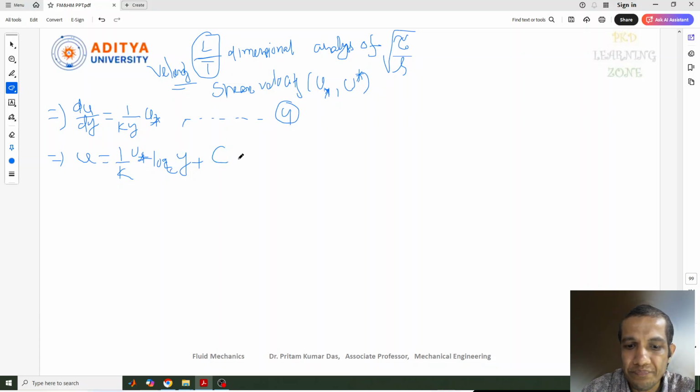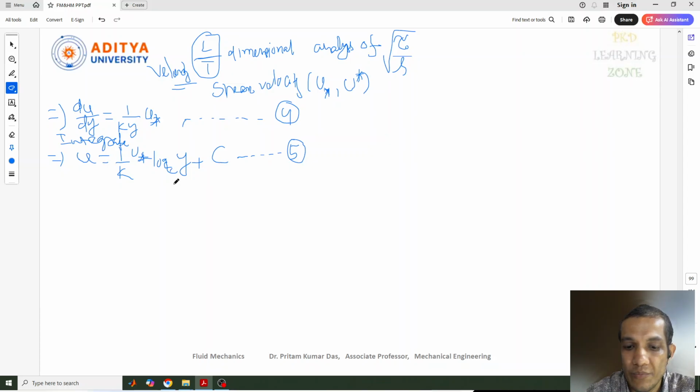And c is the constant of integration that we know, and this one we can give equation 5. Here I am just writing integrate so that you can understand we are integrating the above equation, and after integrating we'll get this equation.